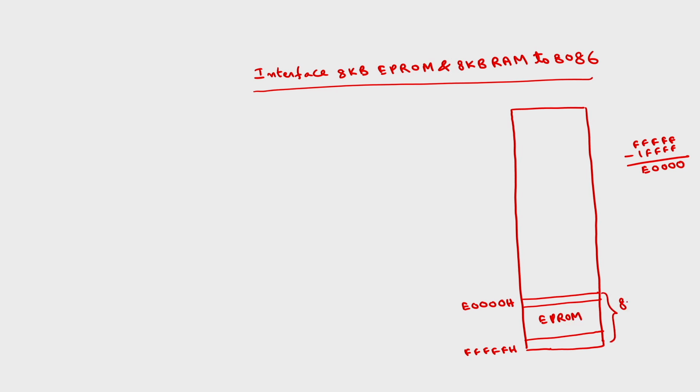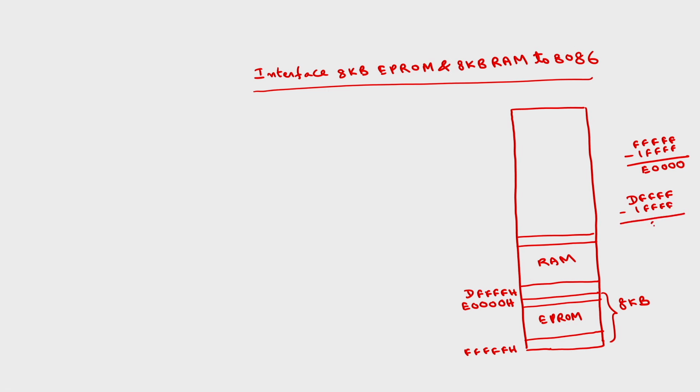This is a total of 8 kilobytes, and I want to interface RAM just above this EPROM. So the address which is 1 less than this one will be DFFFFH, and to get the starting address you have to subtract 1FFF. So DFFFFH minus 1FFFH will be C0000H.